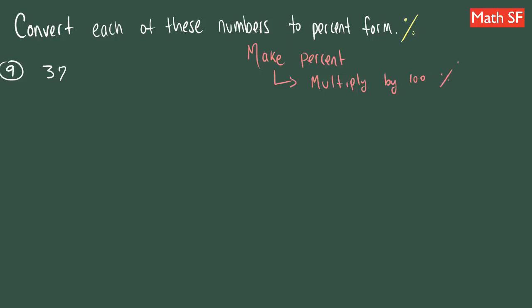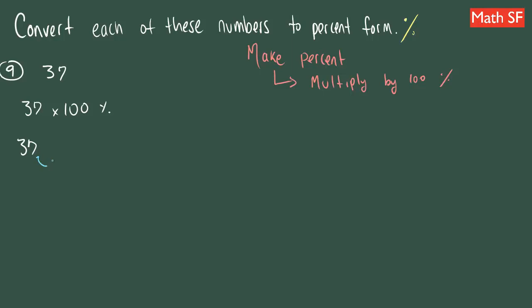So this 37, I have to multiply times 100, right? So we gotta multiply by 100. So 37 times 100%, well, 37 times 100, if you decide to use the shortcut, that should be move the point 2 decimal places to the right.